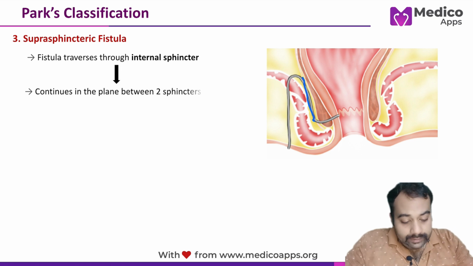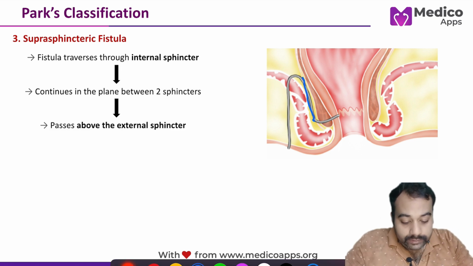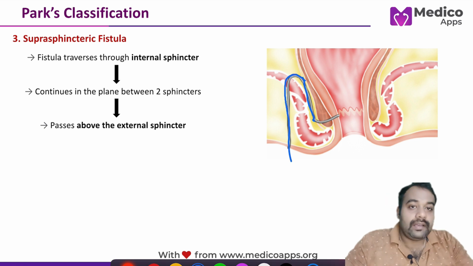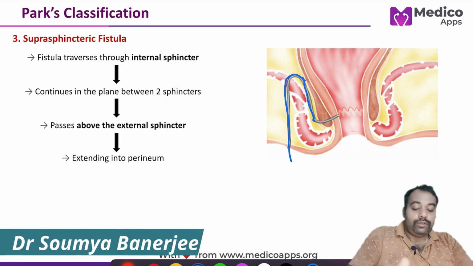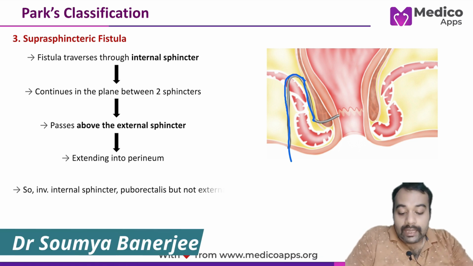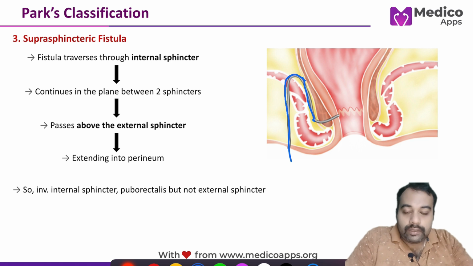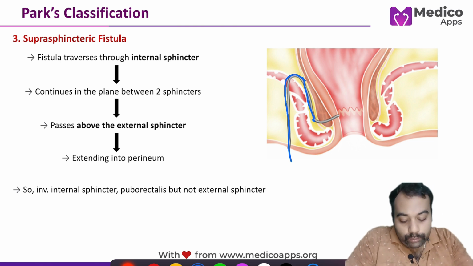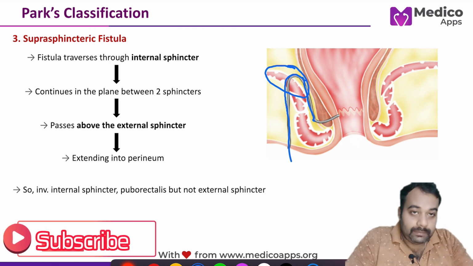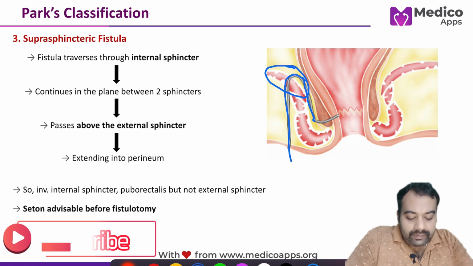And following that, it crosses above the external sphincter and opens into the perianal skin, right? So this is another complex kind of fistula, the suprasphincteric, and it involves, number one, the internal sphincter and number two, the puborectalis muscle. So this muscle is known as the puborectalis muscle, not the external sphincter per se.